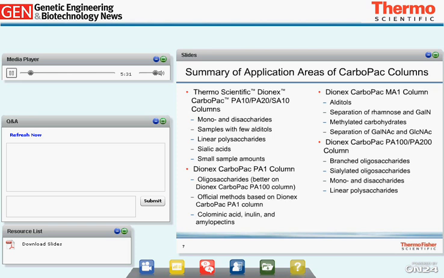High pH stability, as I already said, 0 to 14, compatible with hydroxide eluents used for separation. High cross-linking, which imparts high mechanical stability. Maximum back pressure can be up to 4,000 or 5,000 psi in some cases. And solvent compatibility. Additionally, we have seen in past seminars that we also have capillary versions of these columns. They are Carbopac PA20 and Carbopac PA10 columns.